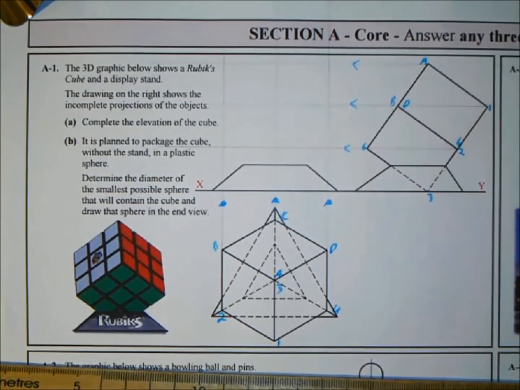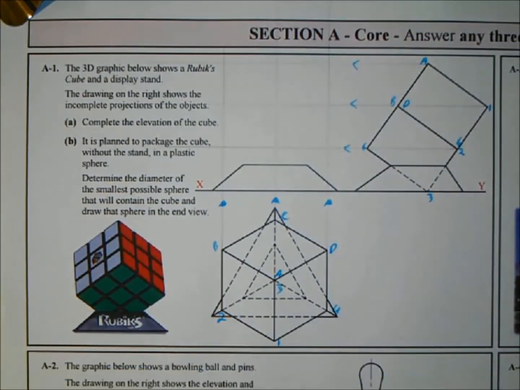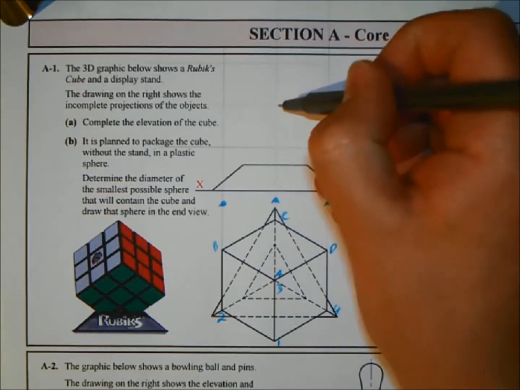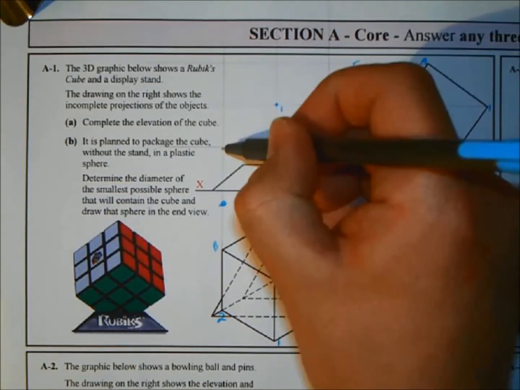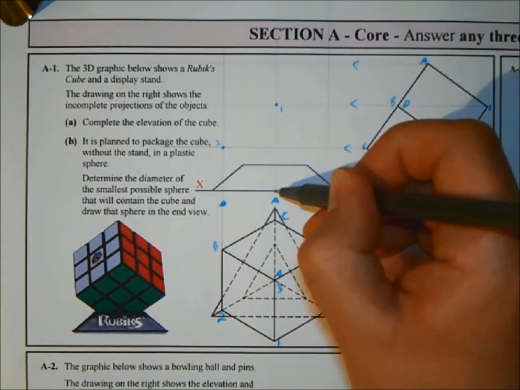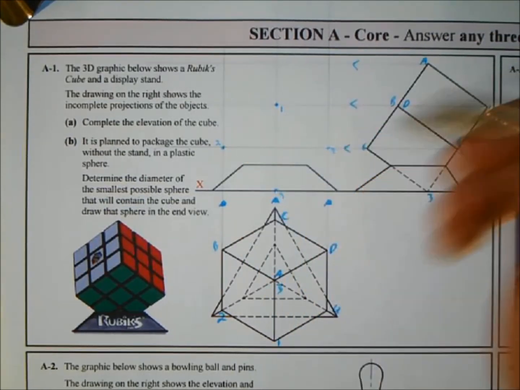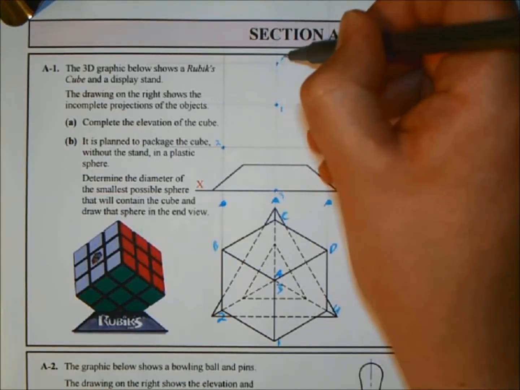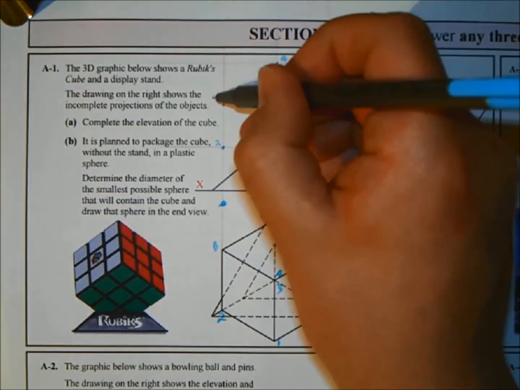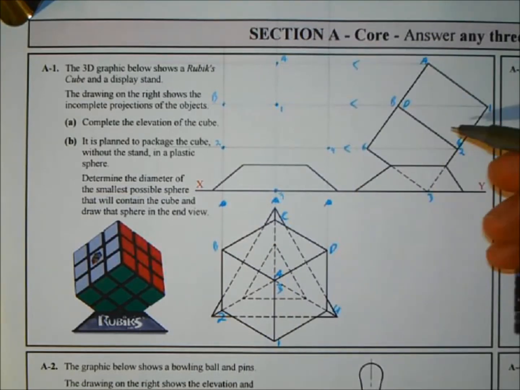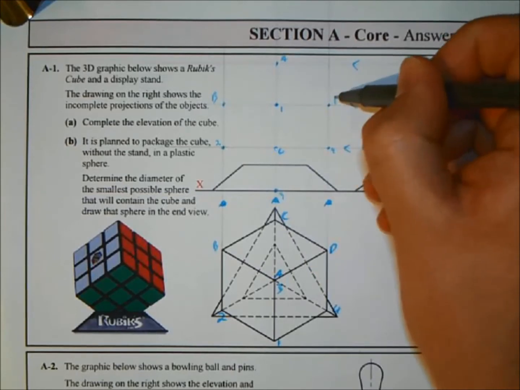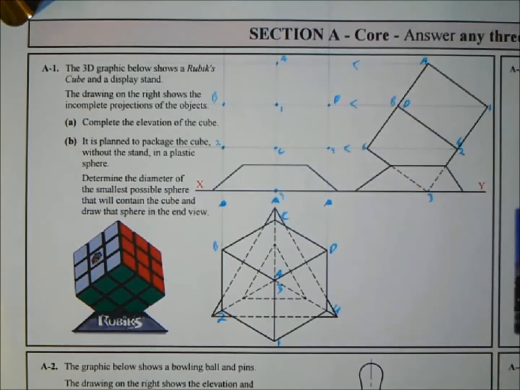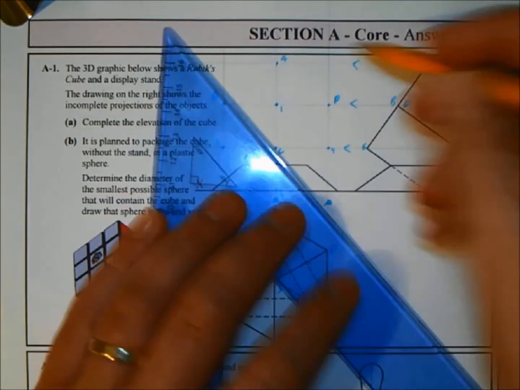Now we can mark in our points and then we can figure out how it looks, whether it's strong, hidden detail, and so on. Let's go with our point 1, and this is point 1 here. 2, 2, 3, down here, 4. Then at the back we have A, we have B, C is here, and then this is D. So that is our two squares, and join them up as they should be.